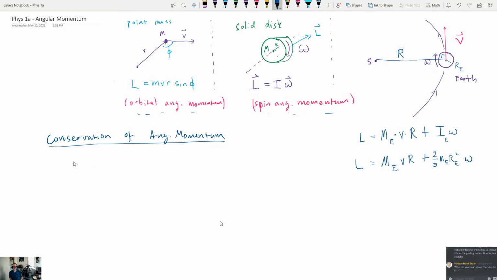Conservation of angular momentum says that when no external torques act on a system, so that would be net torque equal to 0, then the angular momentum of the system is conserved.